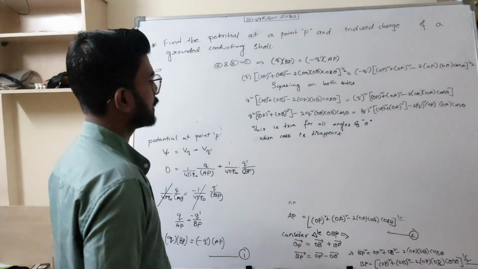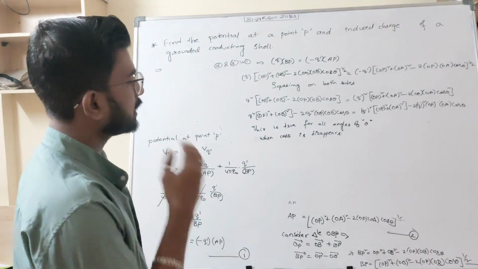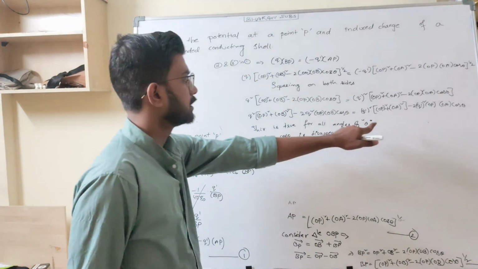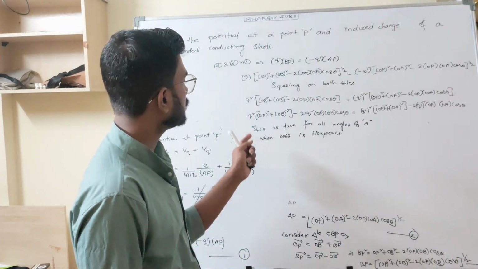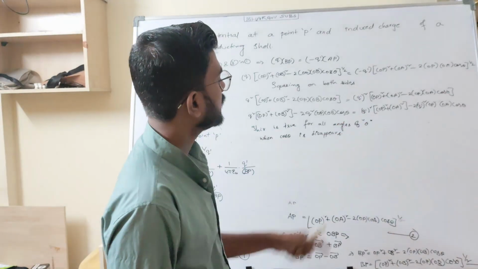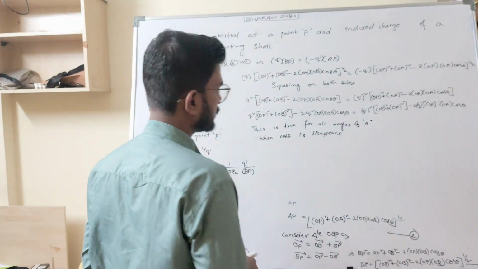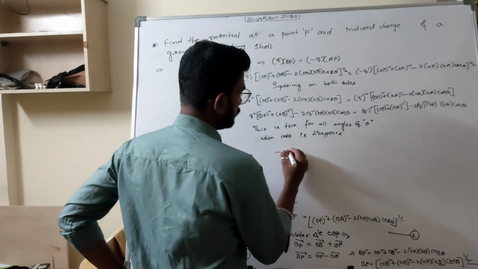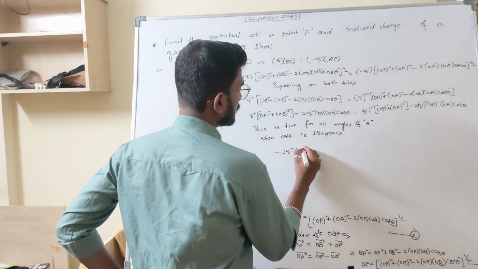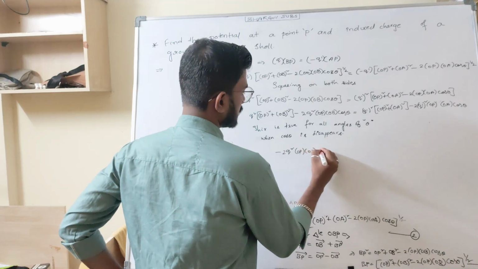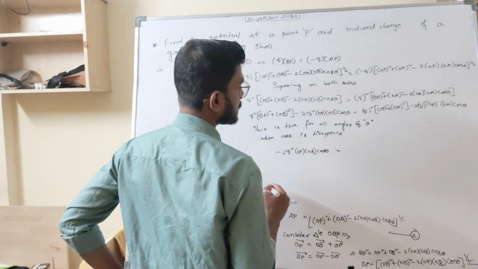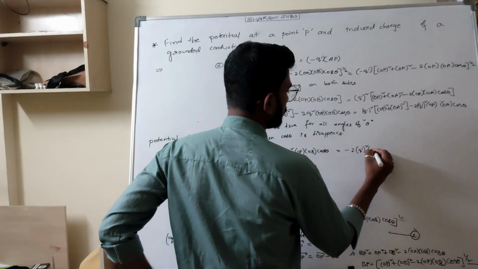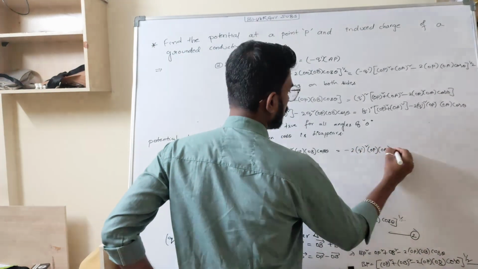Then I can find the value of q dash, the induced charge. So minus 2 q square OP OB cos theta is equal to minus 2 q dash square OP OA cos theta.